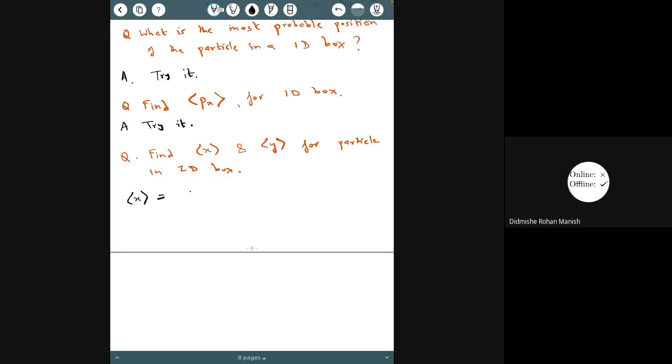So here the wave function is a function of both x and y, but I am trying to find out the expectation value of x only. So you cannot have something like, well, you can, but it doesn't have much significance, the expectation value of something like xy. So what is more useful is when you keep the two directions separate and handle it as such.